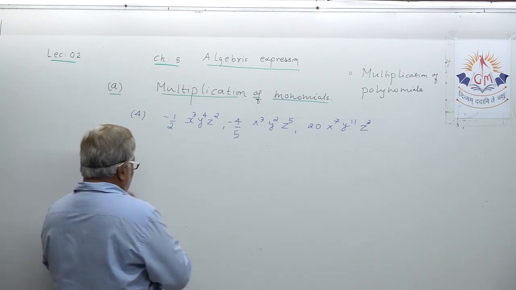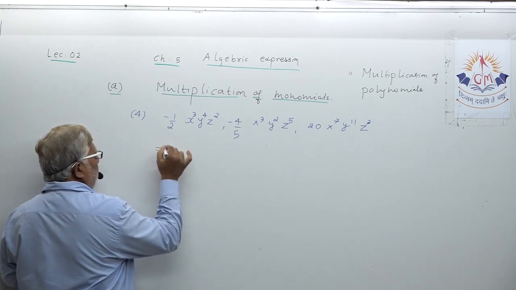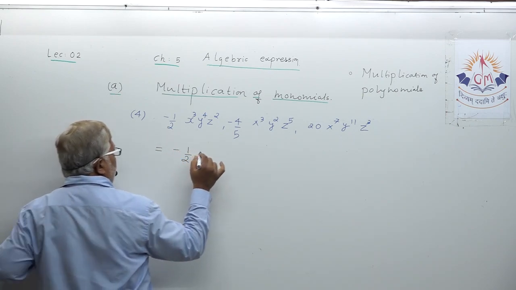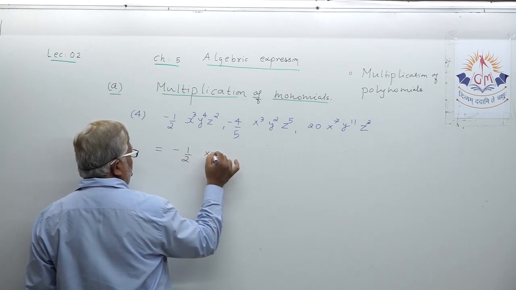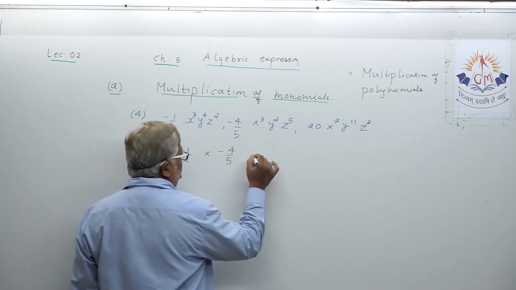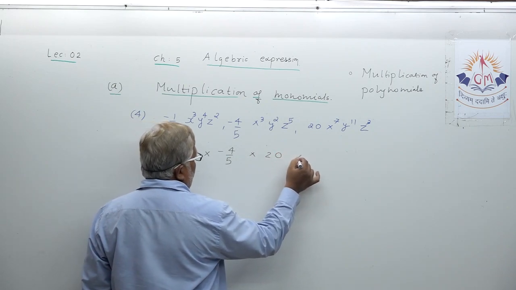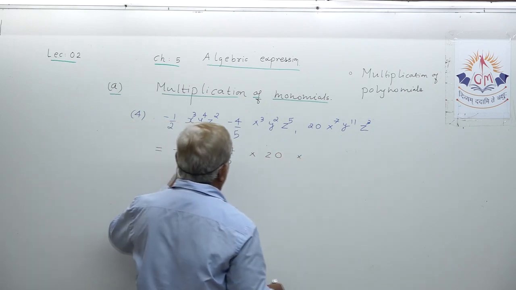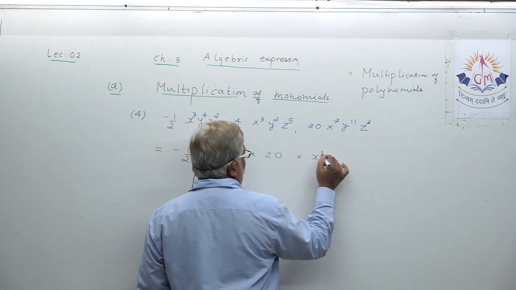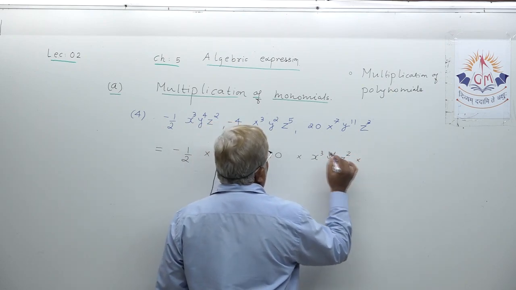Multiplication. So first dear student, what I have guided you, here there are 3 monomials. Your first target is numbers, so write this way: minus 1 upon 2, please concentrate, minus 4 upon 5, multiplied by 20, then the rest of the variables I would like to take x y raised to 4 z raised to 2.